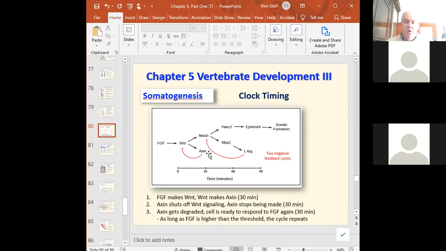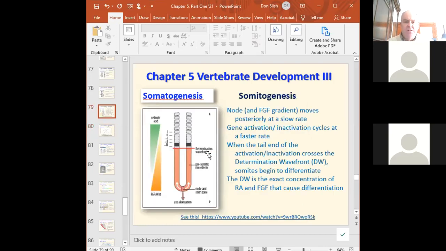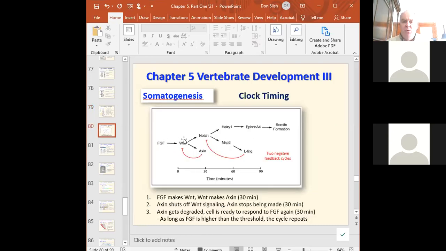Okay, so when the cells are in this presomitic mesoderm area, they are mostly just cycling between Wnt, Notch, and these things. They're cycling. And it's like FGF brings up Wnt, Wnt brings up Notch, and then these bring down Wnt and bring down Notch. And then once axin gets destroyed in the cell, it only lasts about 30 minutes.